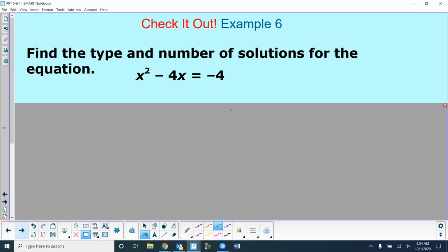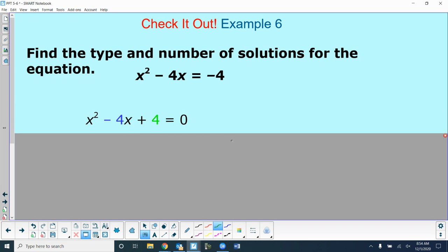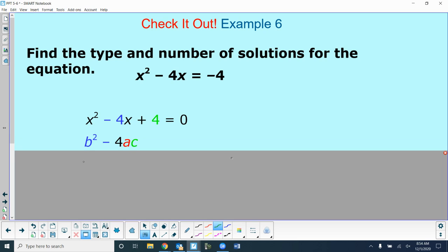All right? So that's this one. Is it set up in standard form yet? Got to be equal to what? 0, right? So what I got to do with that -4? Add it. So it's there, right? And then I just substitute in. Just the b squared minus 4ac part.